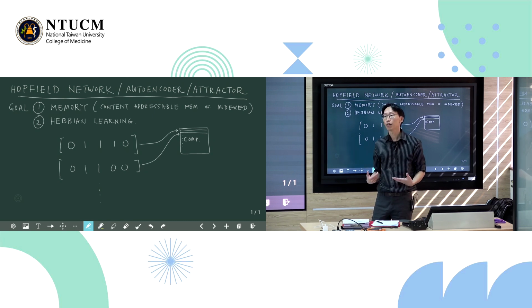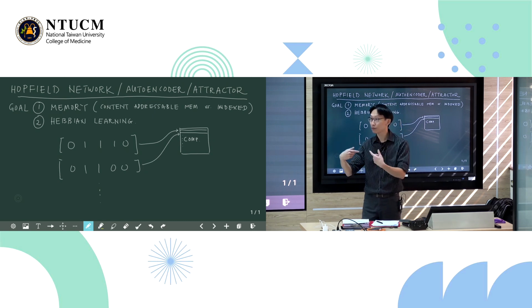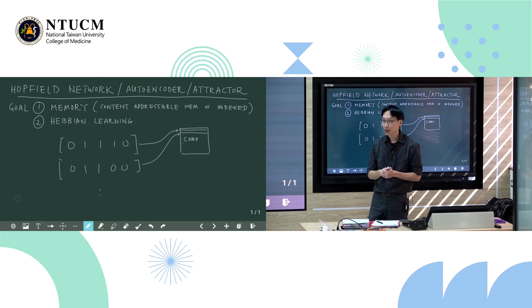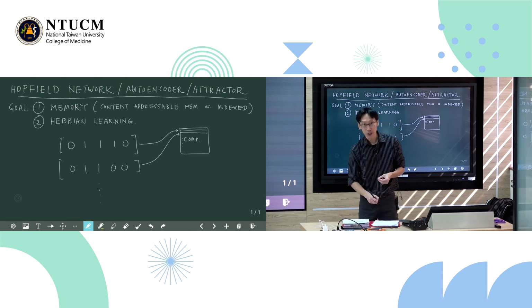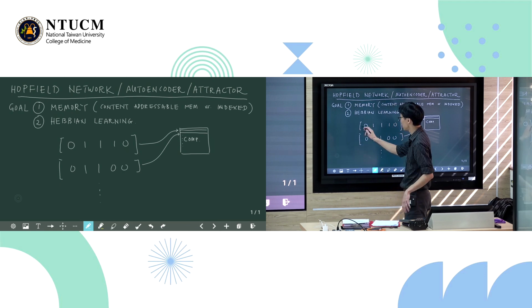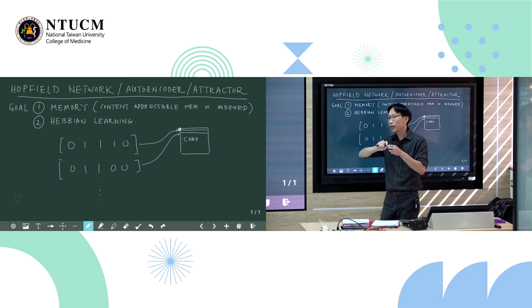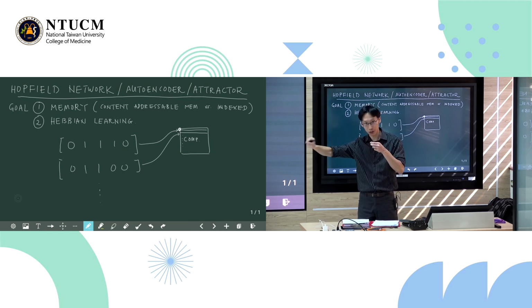But later on, if I want to go back and retrieve what happened, what do I do? I go back to that physical location. I remembered that I stored 01110 into this chip. So where was it? Well, it was in this position. So I'll go look for it, and then I can retrieve the whole 01110.